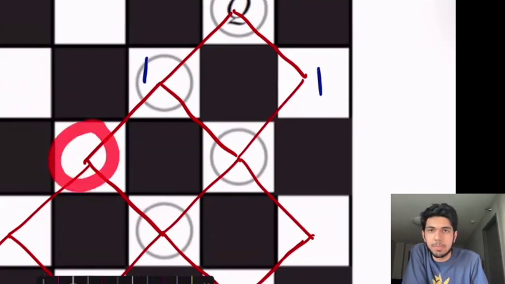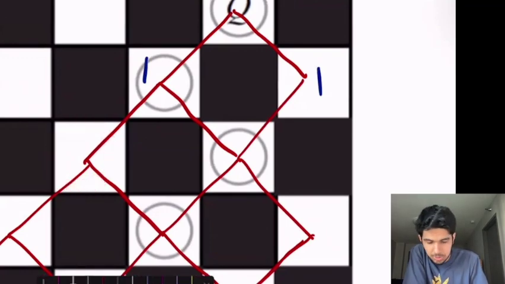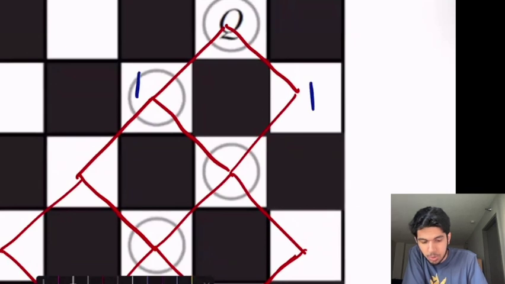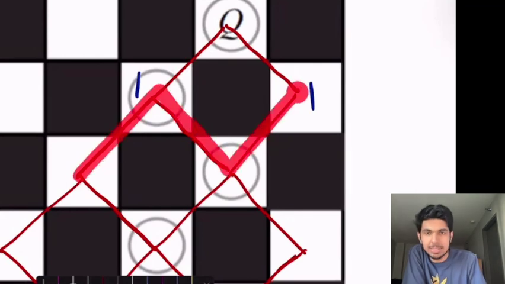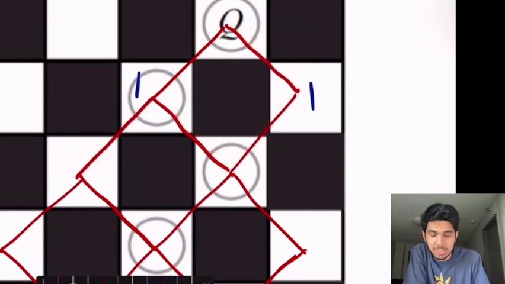Let's look at this square. How many ways are there to get to Q? Well, I can count 1, and that's it. I can't go up and down again because I moved downwards, and that's just not good.